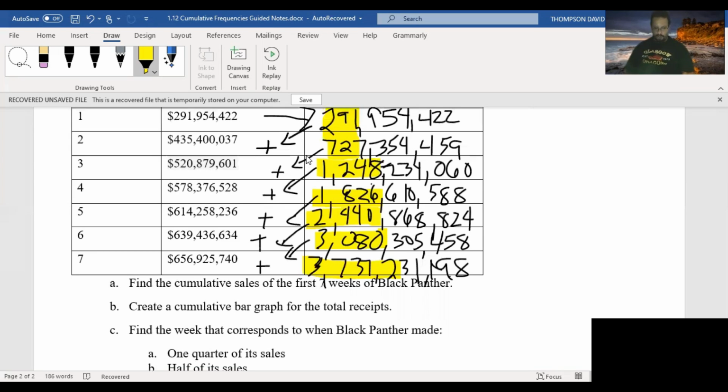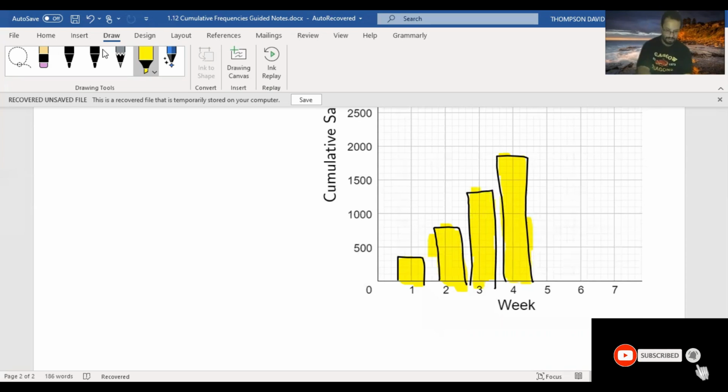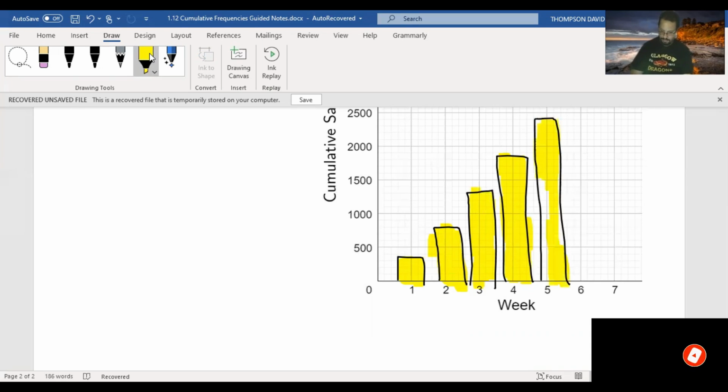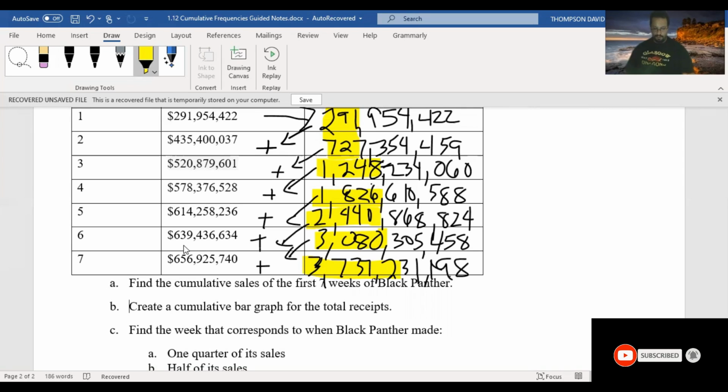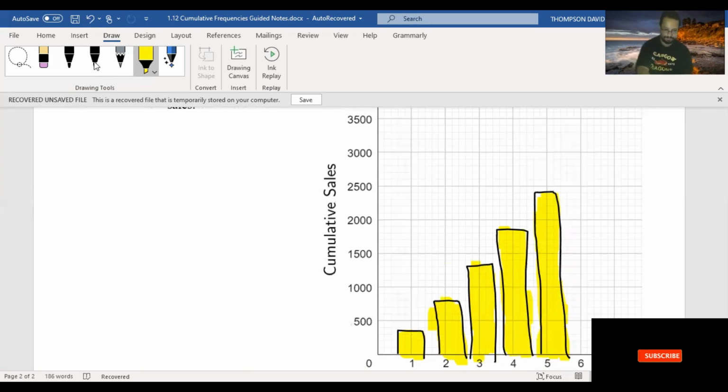For week 5, we have a running total of 2,440 million. And fill it in. For week 6, we have a running total of 3,080 million. Careful not to let it touch.